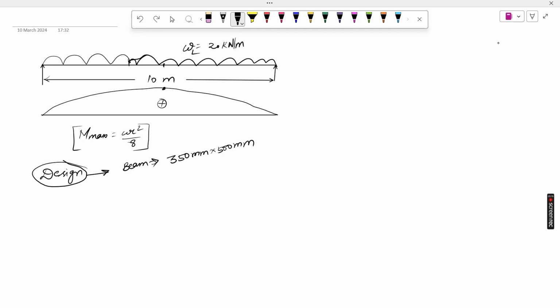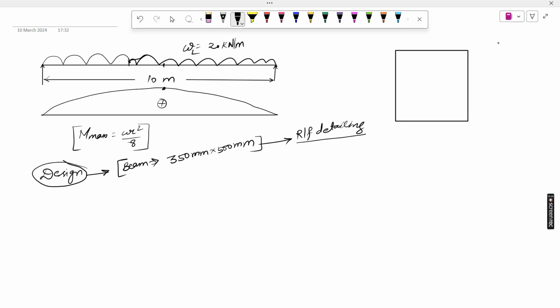We are taking this size of beam to design. Now we have to decide the reinforcement detailing, how much reinforcement should be present at the top and at the bottom of the neutral axis. You know the neutral axis also.